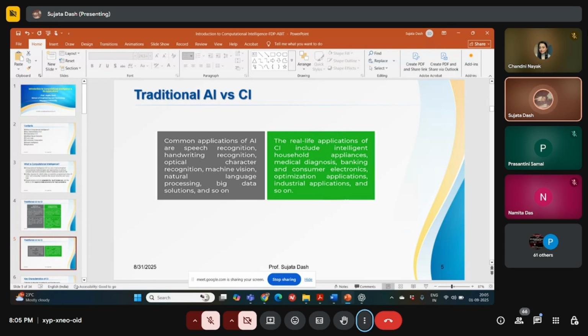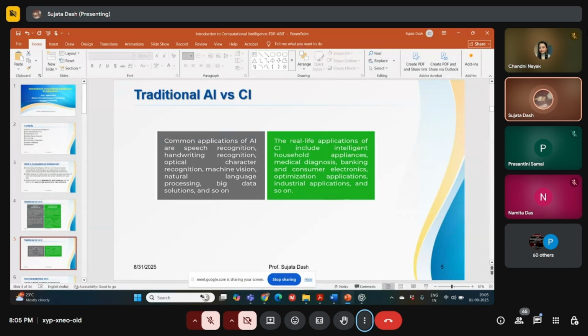Then big data solutions. AI also helps analyze massive data sets to find hidden patterns, predict the trends in the data, and support decision making. So these are some of the applications of AI.